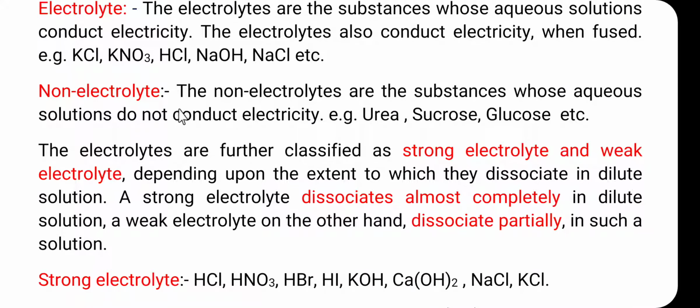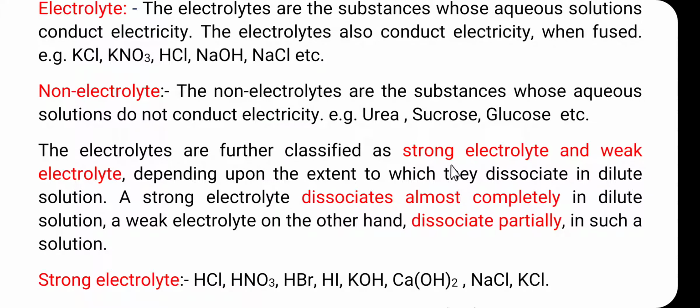When we consider the electrolyte only, in case of the electrolyte there are two classes, or electrolytes are classified into two groups, that is the strong electrolyte and the weak electrolyte, depending upon the extent to which they dissociate in the dilute solution.